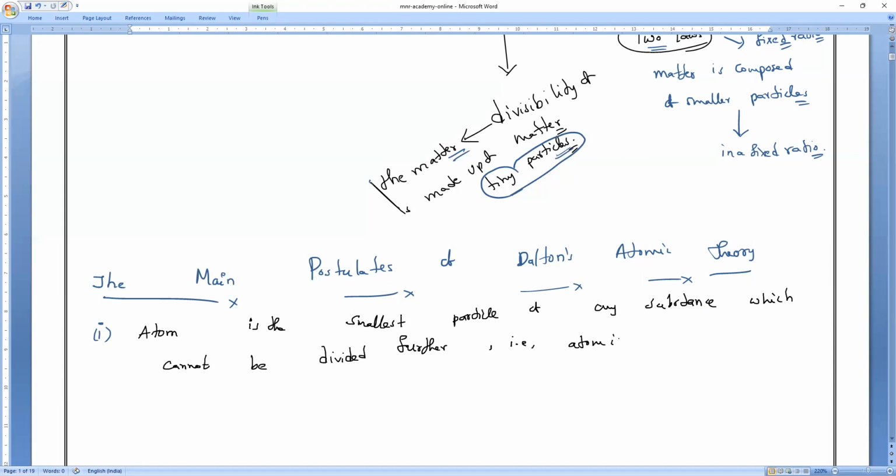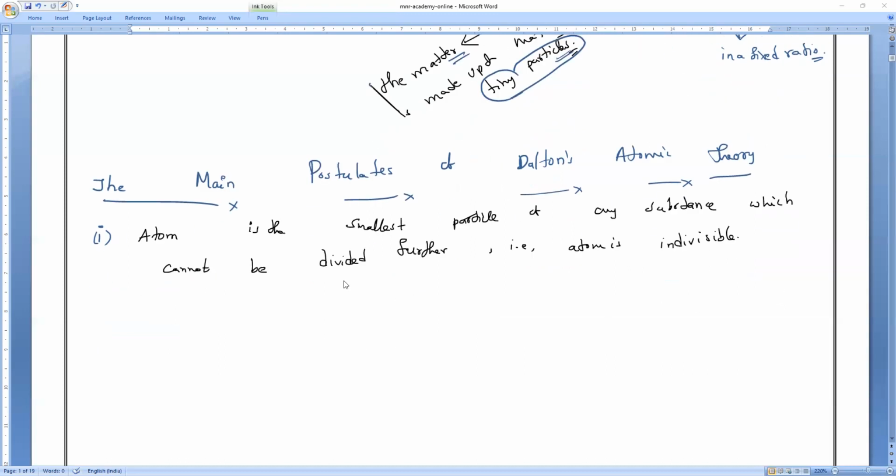The atom is indivisible. That is the first postulate mentioned by John Dalton: atoms are extremely small and further division of atoms is not possible. That is the first postulate of Dalton's atomic theory. Do you understand, everybody? Clear?